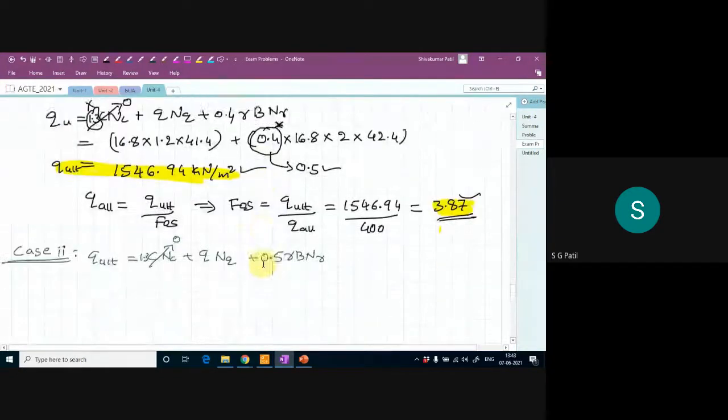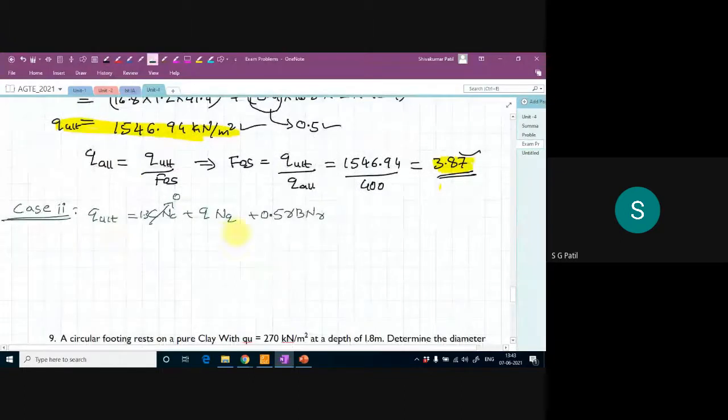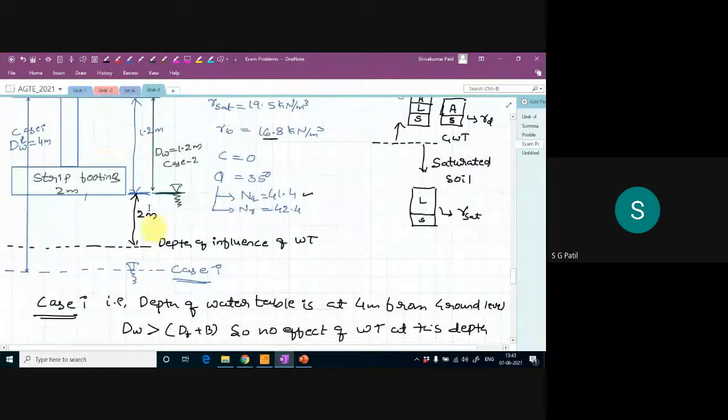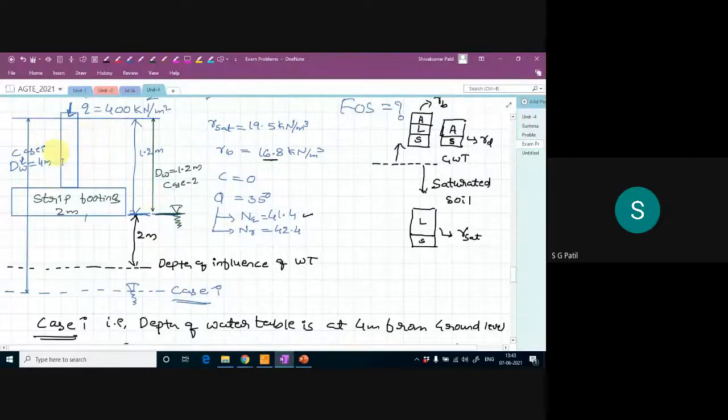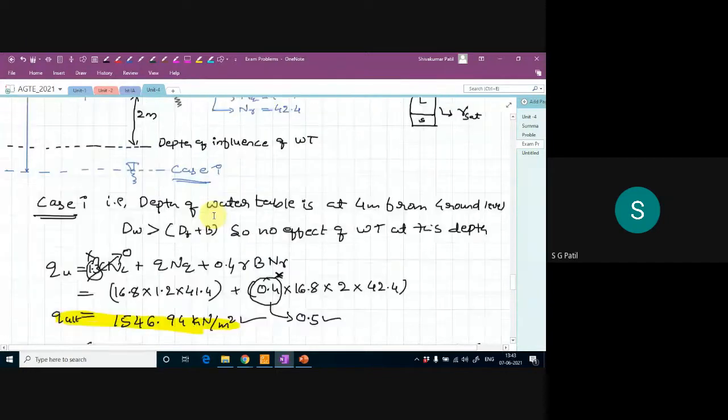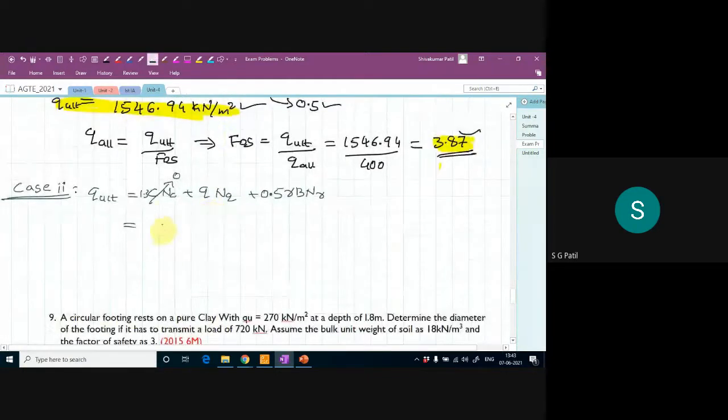Okay, let's continue here. So this term QNQ, Q is how much? What is the unit weight here? Anyway, this soil is in a dry condition, so I have to take the bulk unit weight or dry unit weight: 16.8 into 1.2 into NQ.